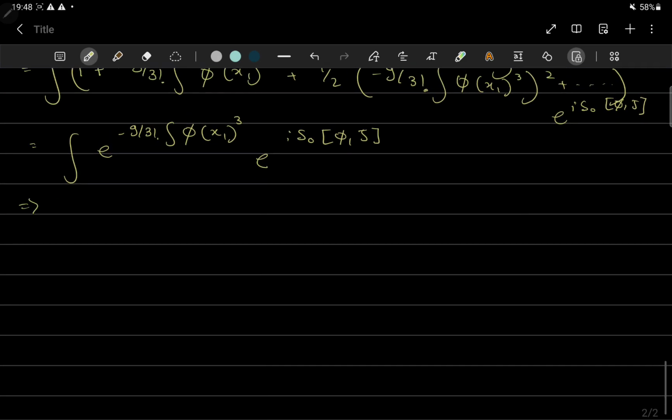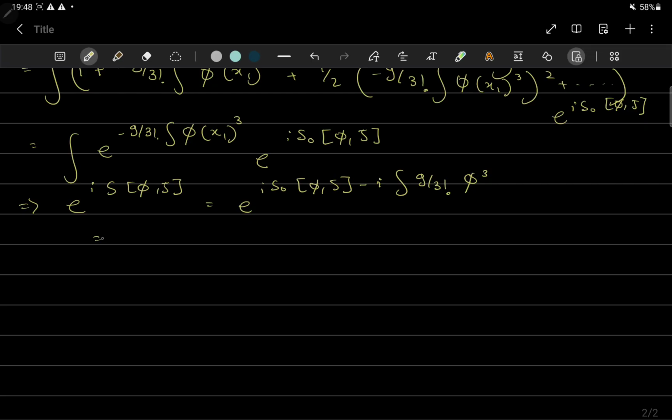Now, I know that if I write this over here, then the path integral exponential over here can be written as an amalgamation of the free term and the interacting term, which is phi cubed.